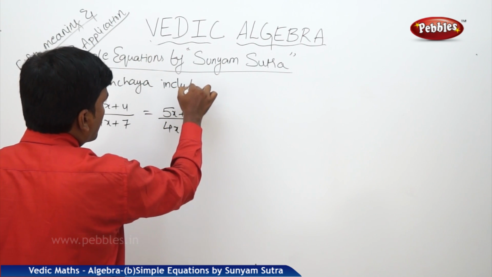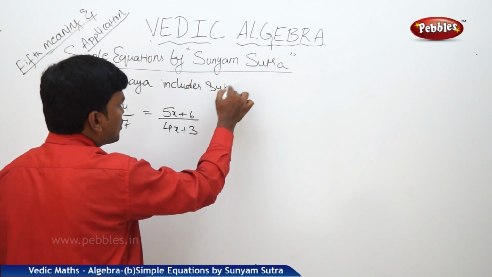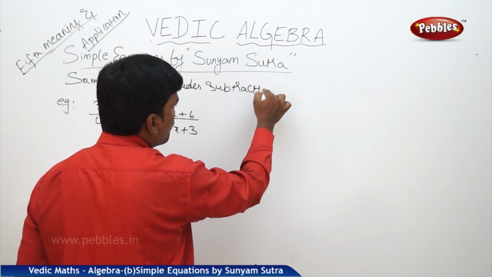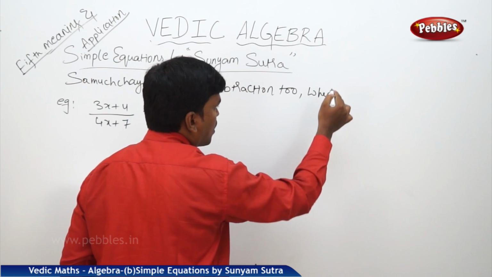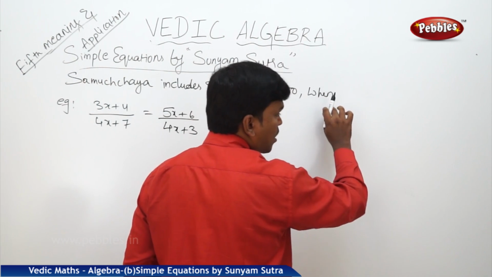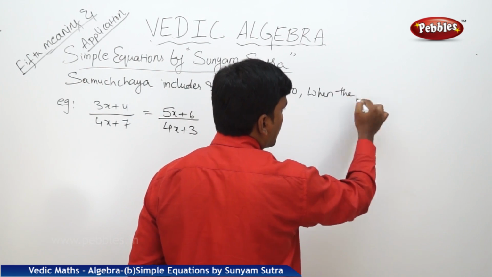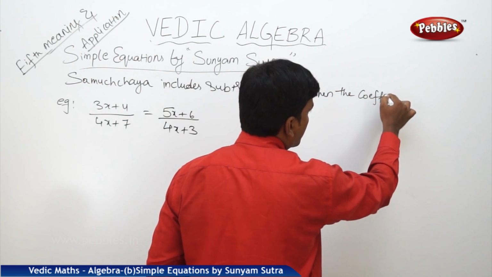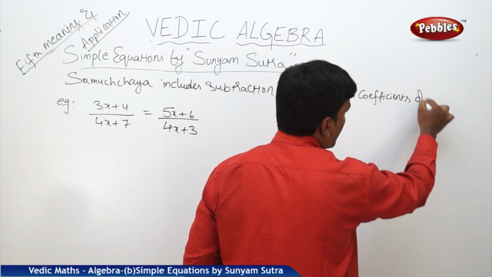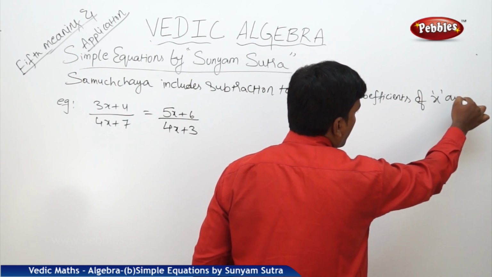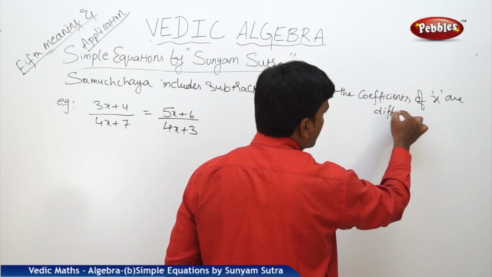So Samuchaya includes subtraction too when the coefficients of x are different.